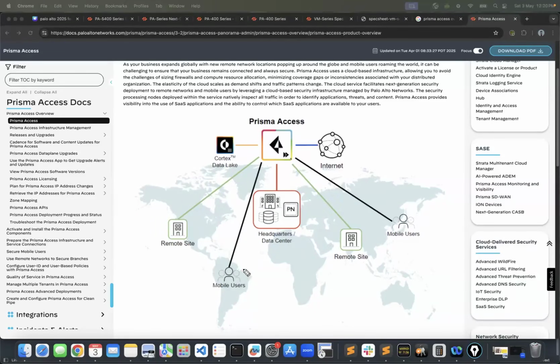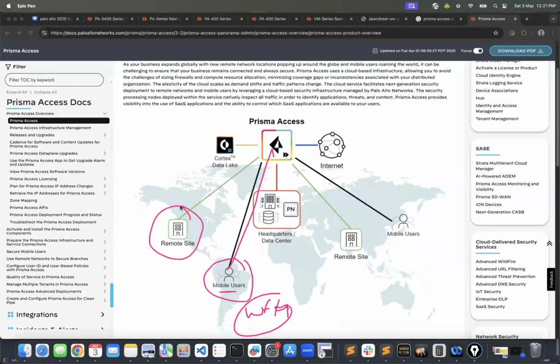For example, if you are a mobile user, meaning you are working from home, you will also connect to the Prisma cloud. Remote site means you have some offices.